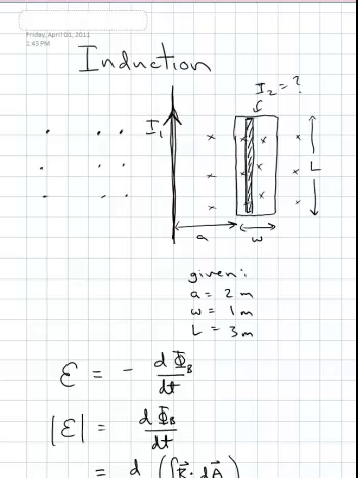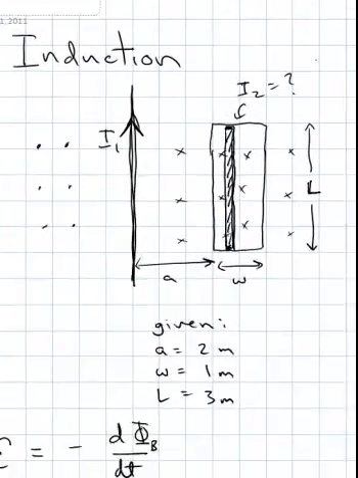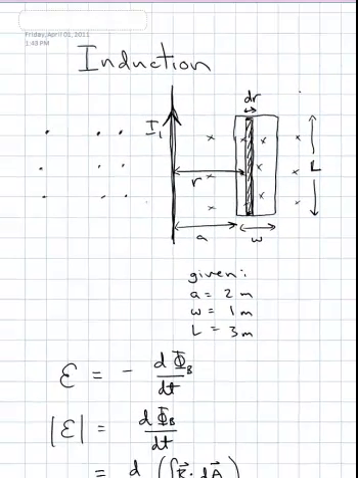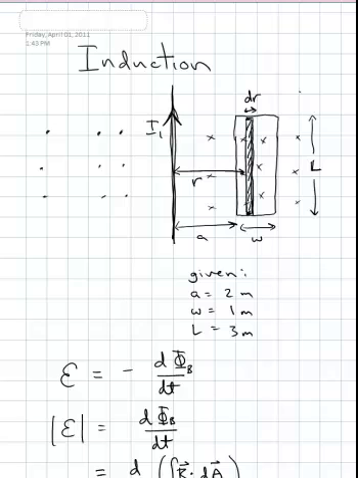And so this long side is just L, and the short side is dr, because we're moving away from the wire. We're r away from the wire, and so that distance is dr.